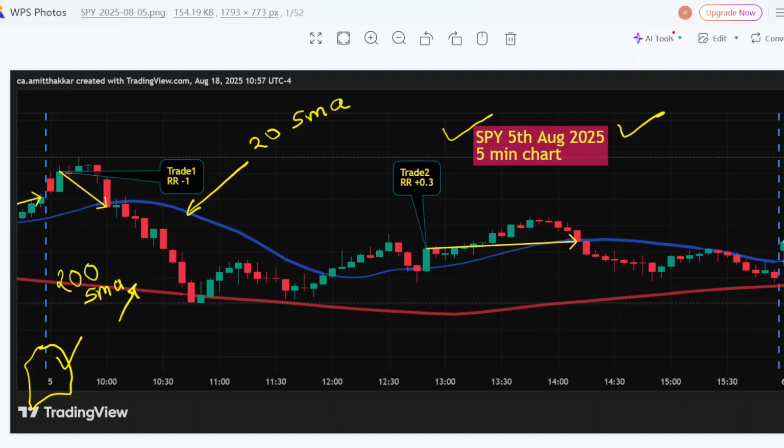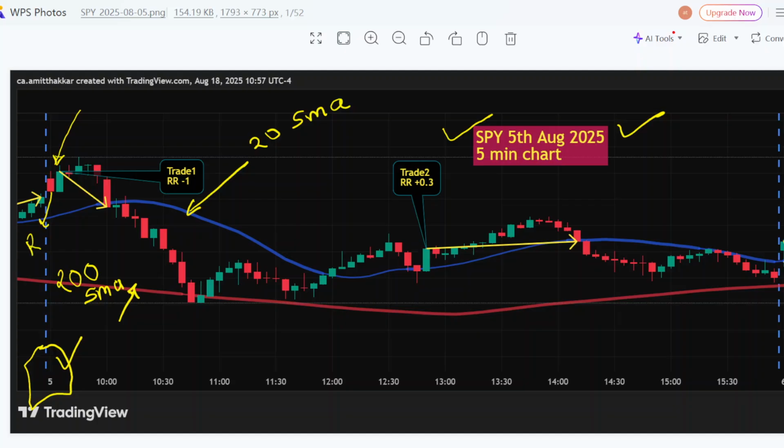Now on 5th August, the market has opened gap up above both these averages, and the first 5-minute candle closed below the open price, which is a red candle.